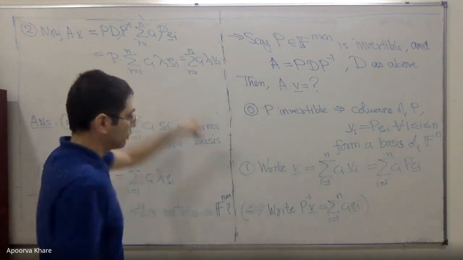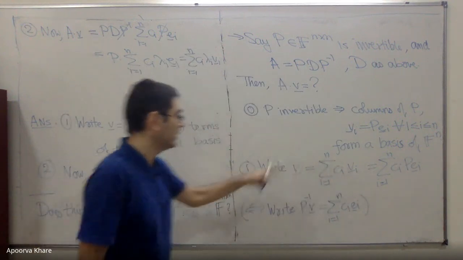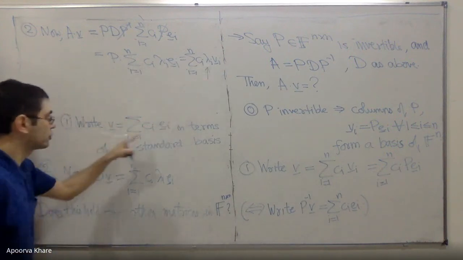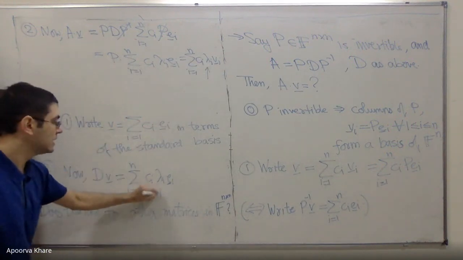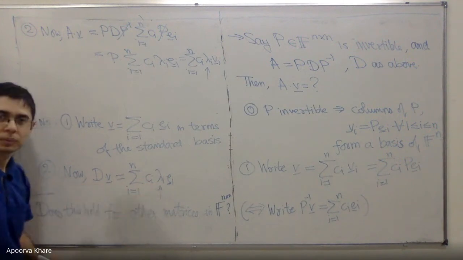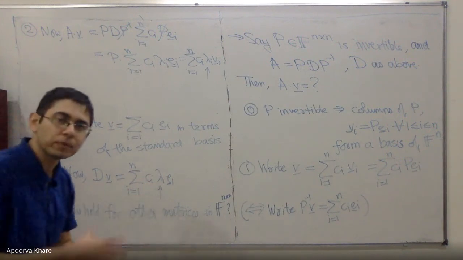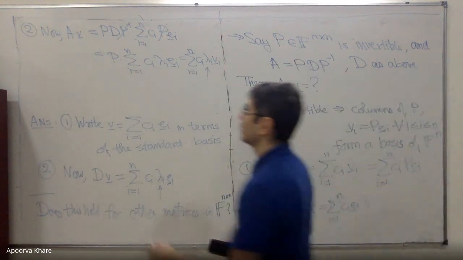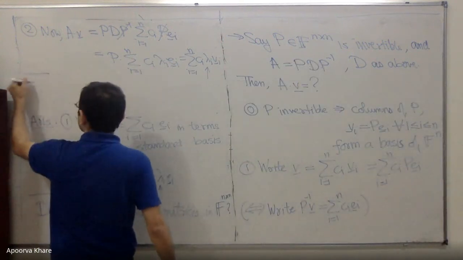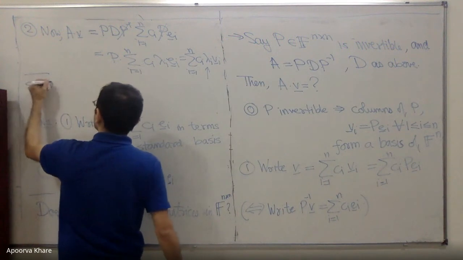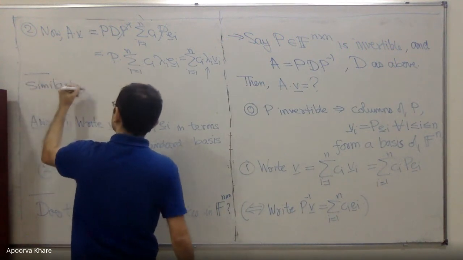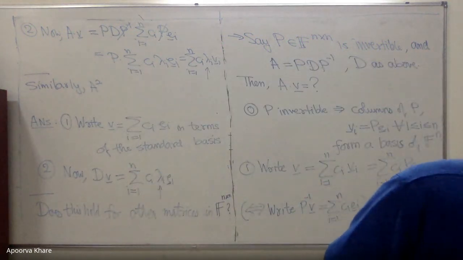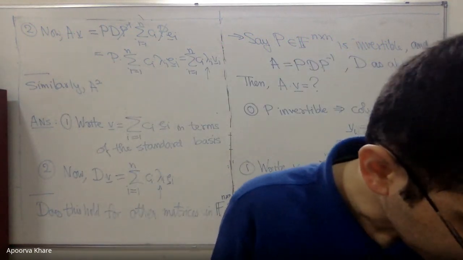So again the same thing. If you start with the vector summation Ci Vi, then A will give you the extra lambda factor. Just like here, if you started with Ci Ei, then the D gave you the lambda factor. What would happen if I had A squared? So this is of course we are done, but similarly, out of curiosity, A squared.